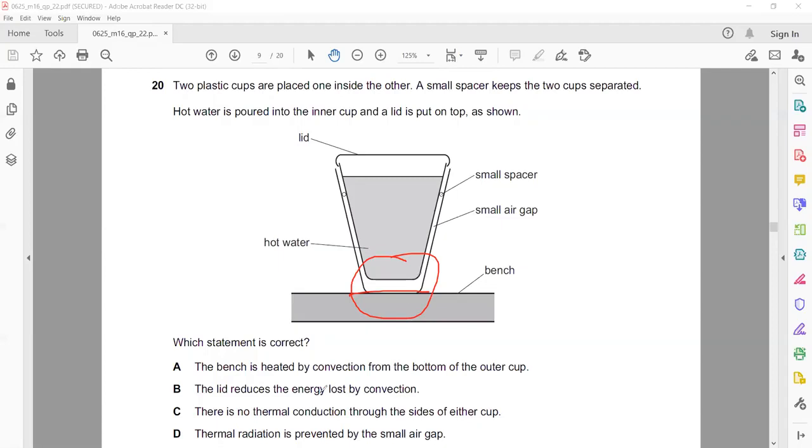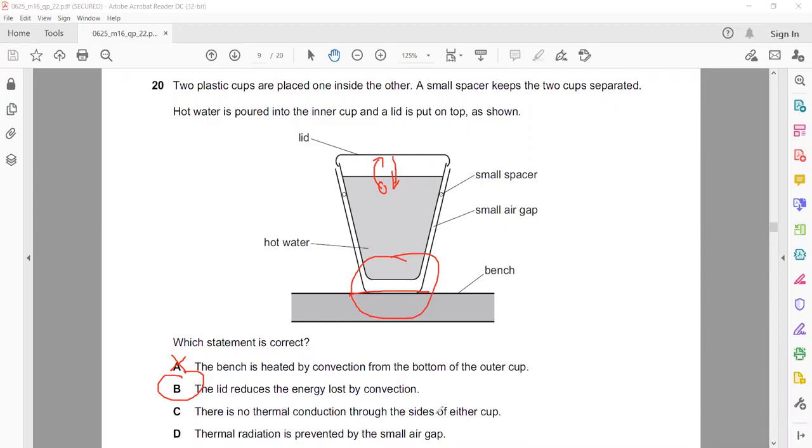The method which transfers heat energy is conduction, not convection. So A cannot be. A lid reduces heat energy lost by convection. That's true because the most energetic molecules escape, the hot energetic molecules rise up, but the lid does not let them escape. That's why it will reduce the heat loss by convection.